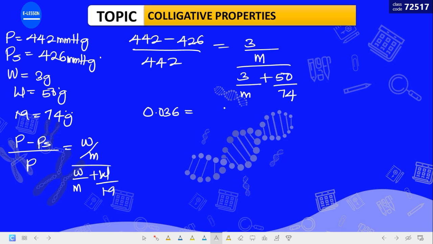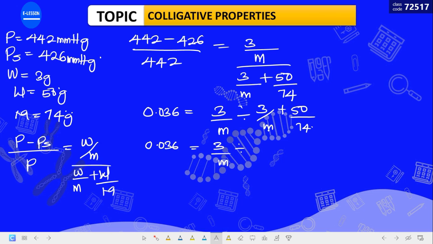0.036 is equal to 3 divided by M, divided by 3 over M plus 50 over 74. Do normal algebra.